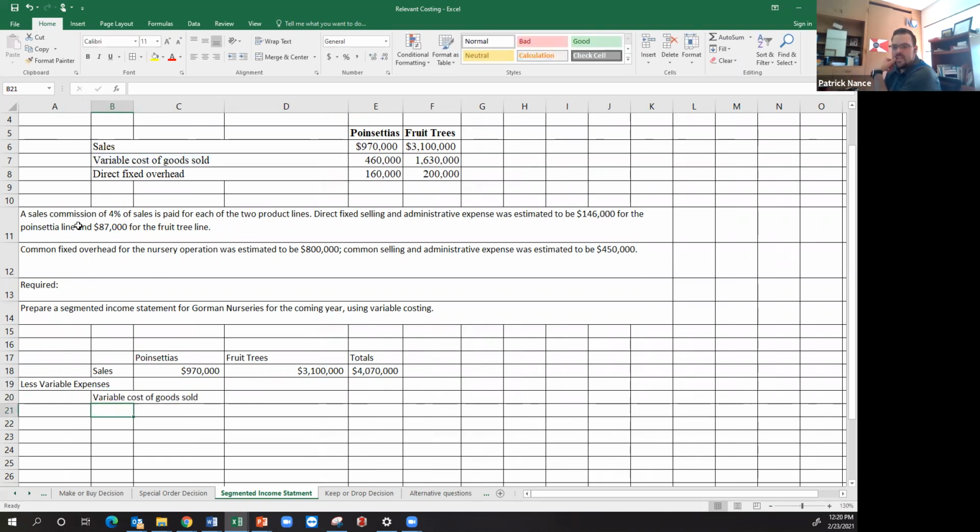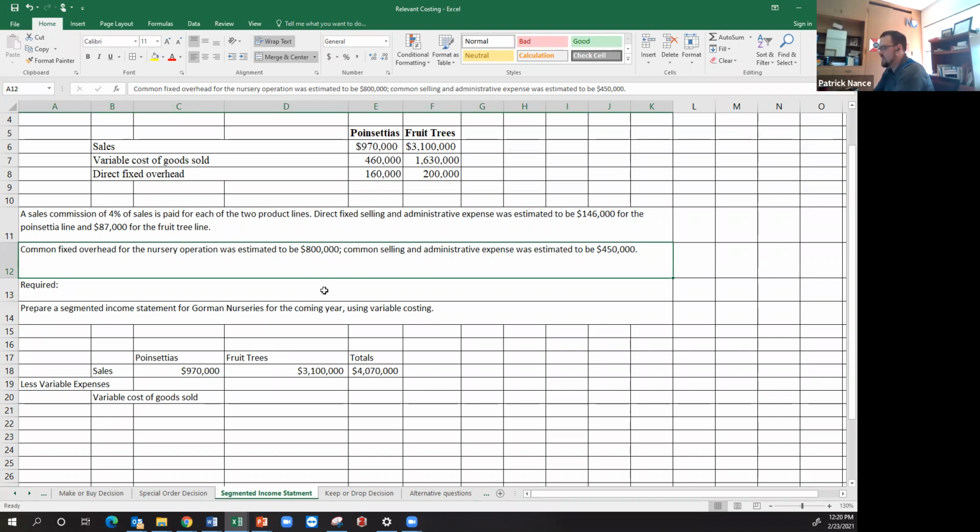It also says here that a sales commission of 4% is paid for each sale of the two product lines. Direct fixed selling and administrative expenses were estimated to be 146,000 for the poinsettia line and 87,000 for the fruit tree line. Common fixed overhead was estimated to be $800,000, and common selling and administrative, not direct, would be $450,000. Those would not be relevant costs, but in this case I am just making an income statement.